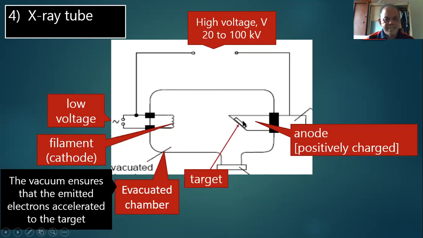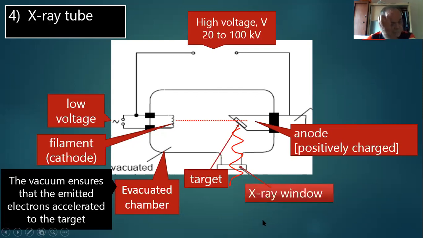And then there's your target there. Right? So when we heat the filament or the cathode, the electron is emitted and strike the target, and then the X-ray is produced coming out of this window. There's your X-ray window.